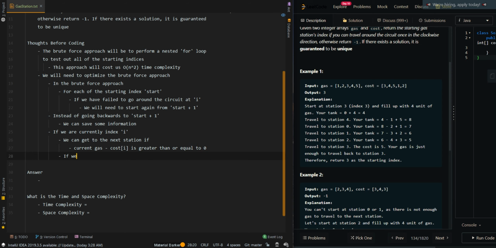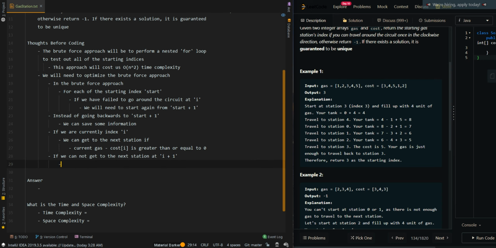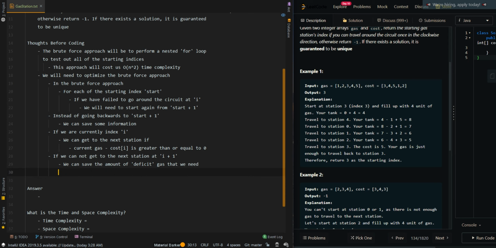But if we cannot get to the next station at i plus 1, we can save the amount of deficit instead. We can save the amount of deficit gas that we need. So the deficit is the cost minus the current gas tank.